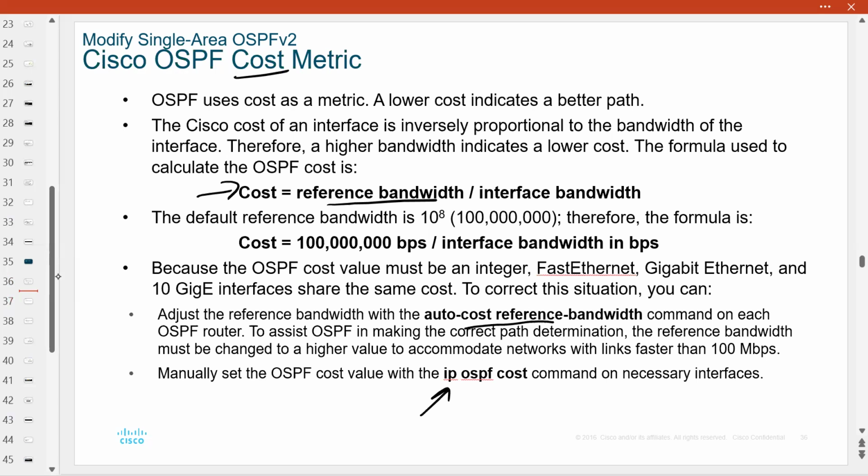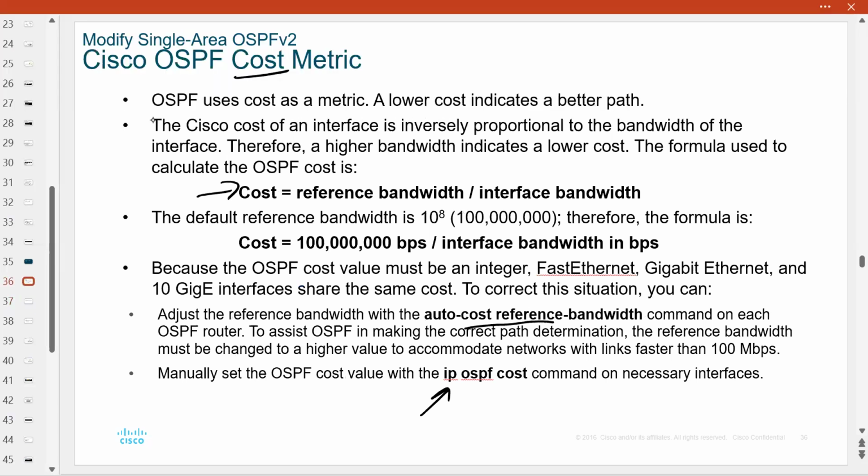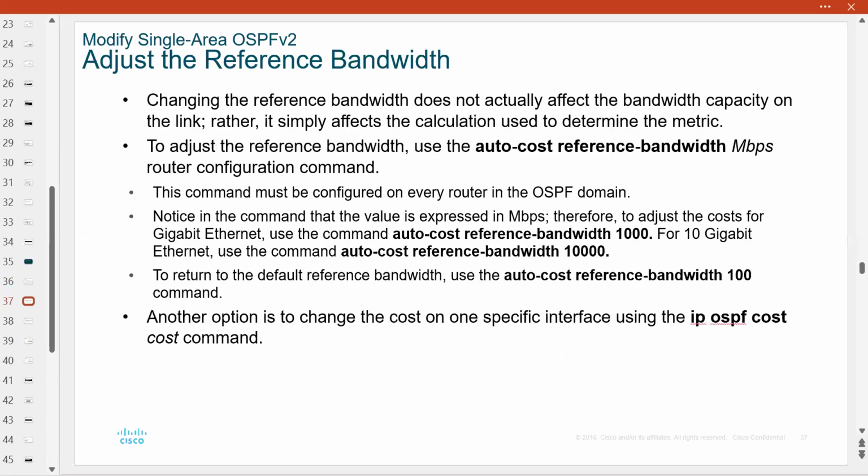How to find the cost of Fast Ethernet? What is the cost of a Gigabit Ethernet link? What is the cost of 10 gig, etc.? How to calculate that? I'm not so sure if I did it in the previous module. Probably I'll do it in the last session.